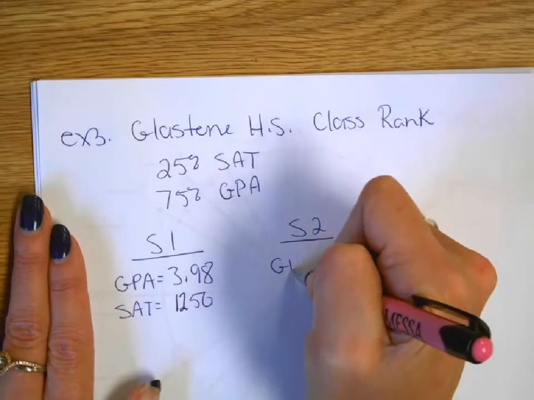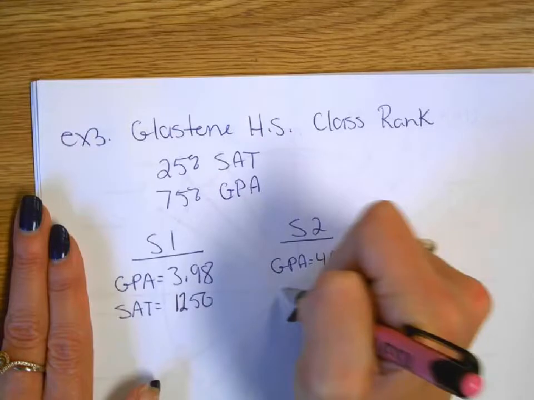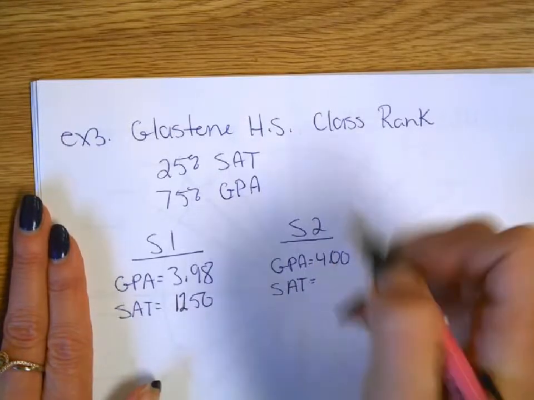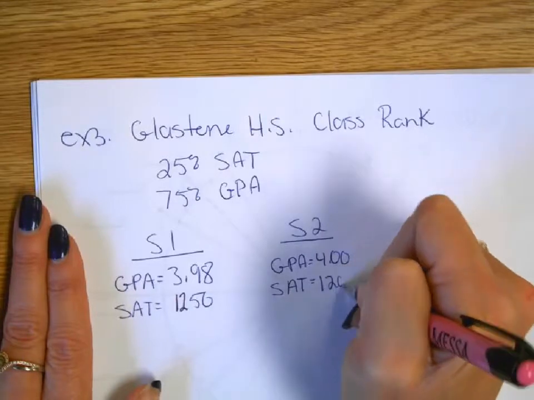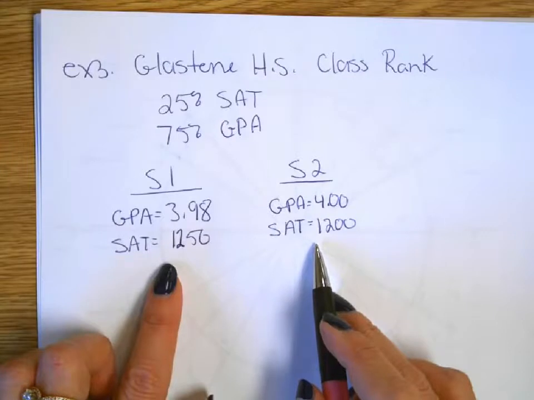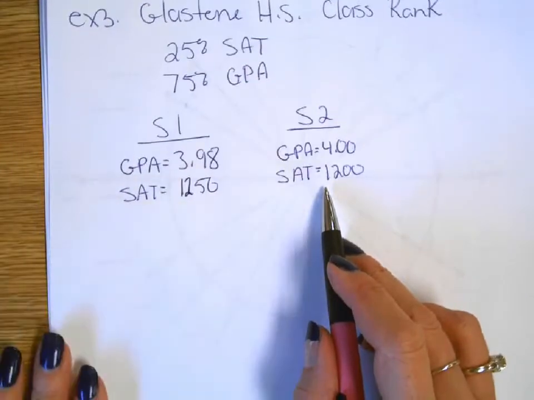Student 2, GPA 4.0, SAT 1200. Who's going to be ranked higher here, do you think? Well, let's go through the weighted average and find out.